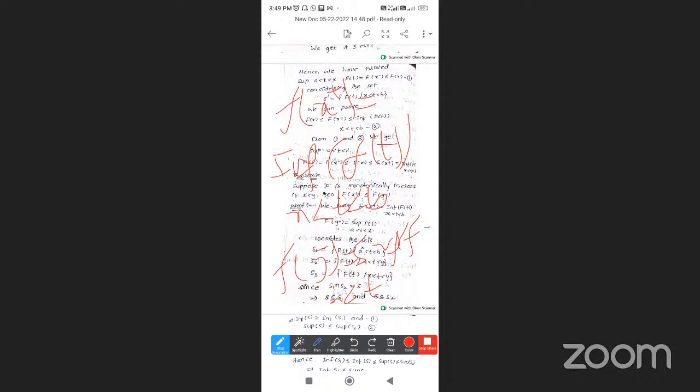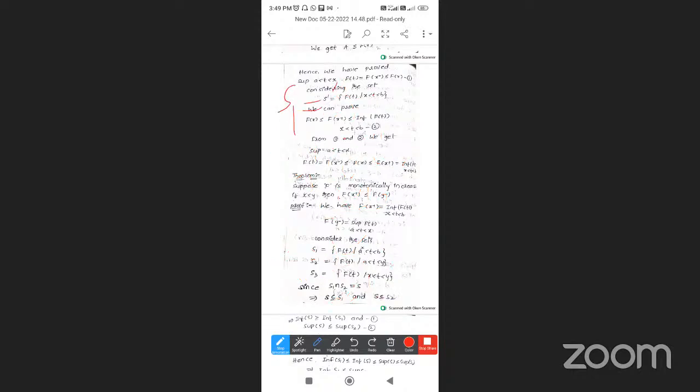So a is less than t is less than y. Consider the sets. S1 is equal to f of t such that x is less than t is less than b.